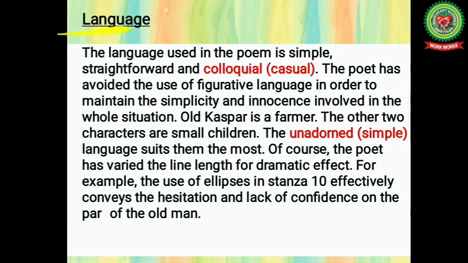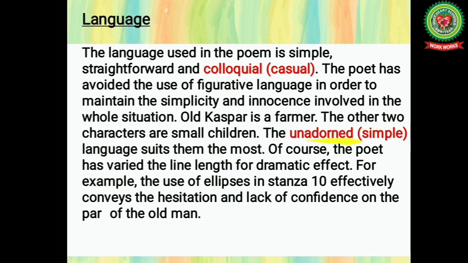Next is language. The language used in the poem is simple, straightforward and colloquial, which means casual. The poet has avoided the use of figurative language in order to maintain the simplicity and innocence involved in the whole situation. Old Caspar is a farmer. The other two characters are small children.